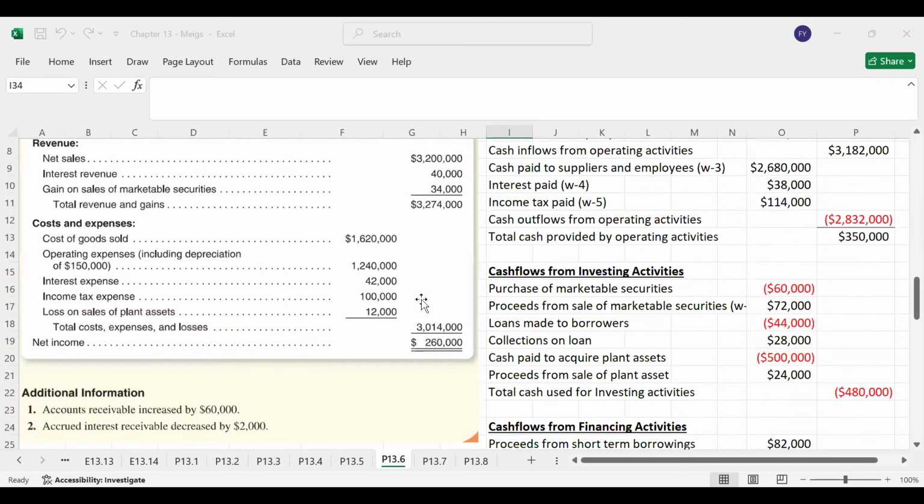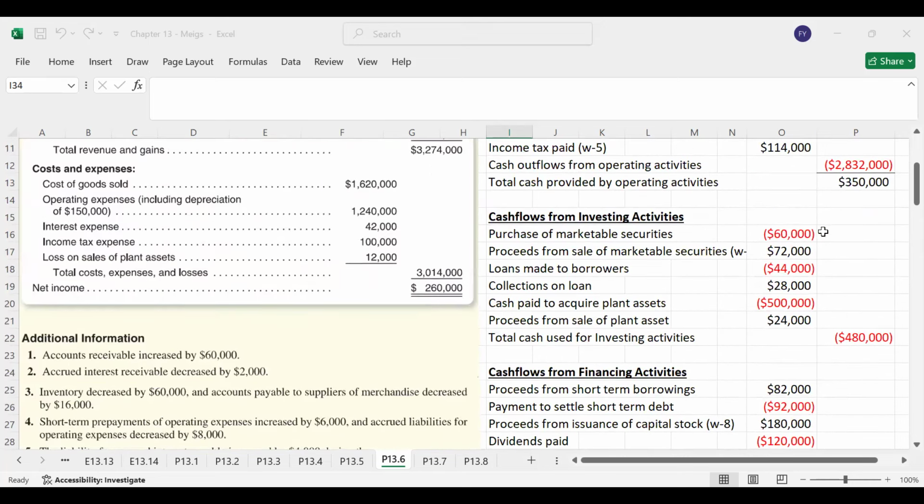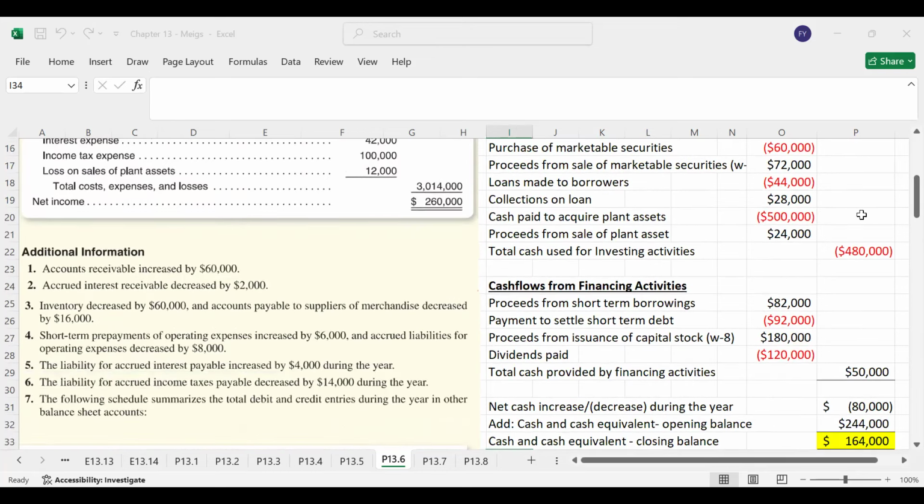We have cash provided by operating activities of $350,000, whereas a large amount of cash was used for investing activities. This is the primary reason for the net decrease in cash. You can see that this is $480,000. This means the cash was paid to acquire property, plant, and equipment or used for investment during the year.